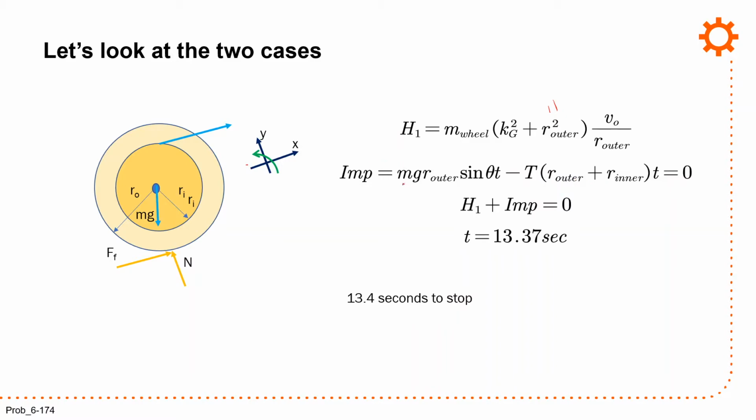The weight is just going to be the component acting in the sine theta direction. That's the only one that does a moment. And you'll notice that the two orange forces actually act through the point of contact and so don't play a role in the moments. So H1 plus impulse is equal to 0, and I end up with a positive value of 13.4 seconds. So 13.4 seconds to stop if t is up here.